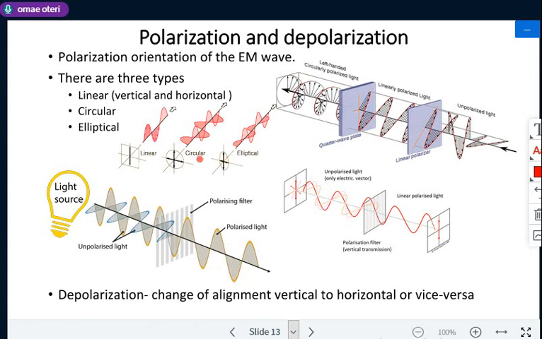This one is linear, which can either be horizontal or vertical, but this one is vertical the way it appears. Circular usually traces a circle as it propagates, and then the other one is elliptical. So please note that there's one which is here, circularly polarized.